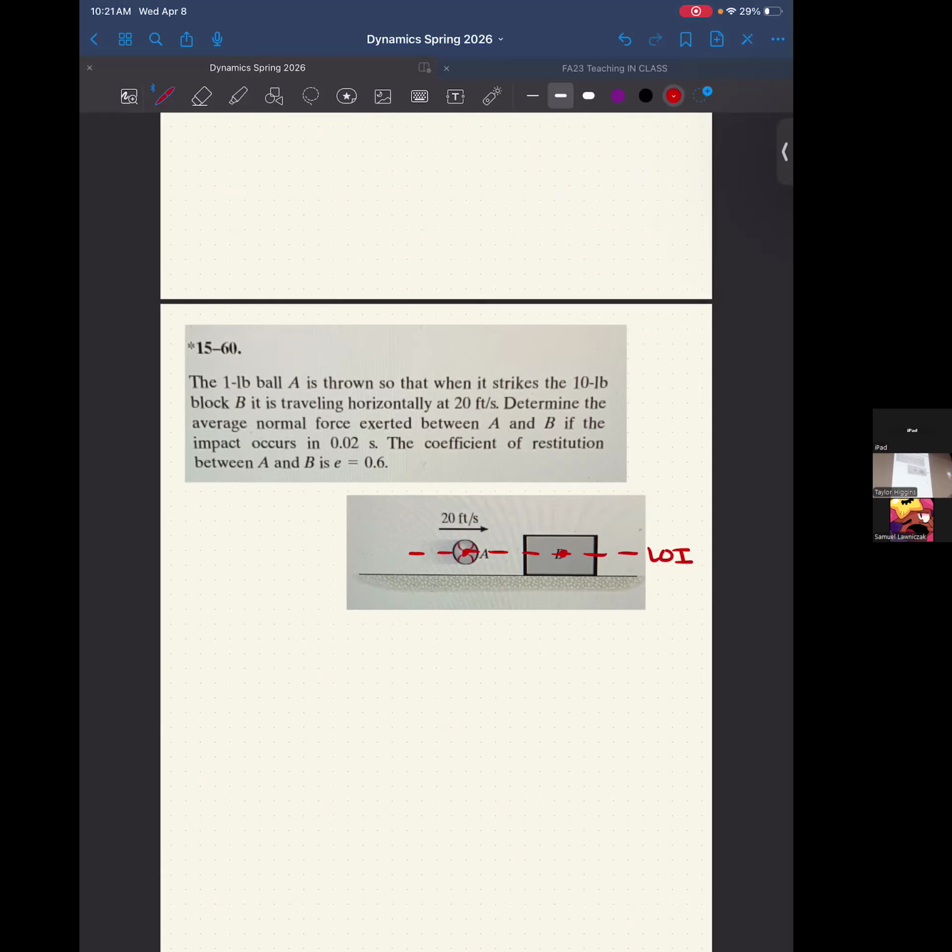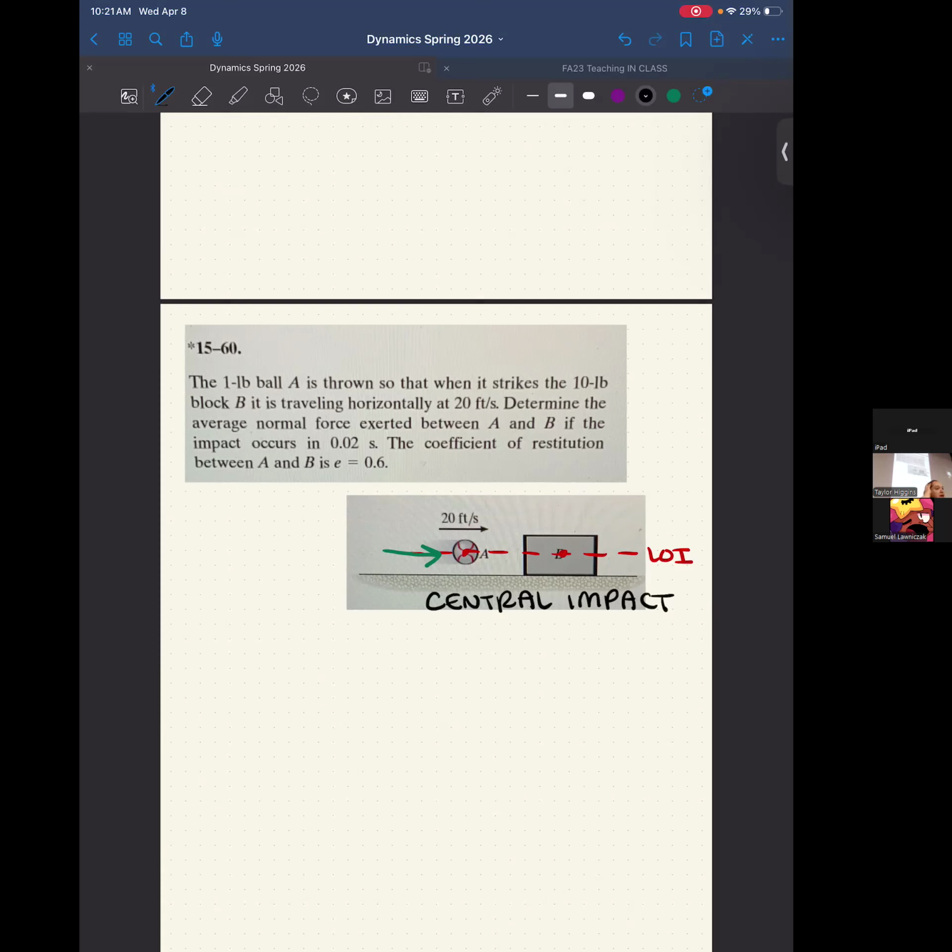And if I draw the velocity before impact, I am along the line of impact. Okay, so the velocity is perfectly in line with the line of impact. So this is a central impact.